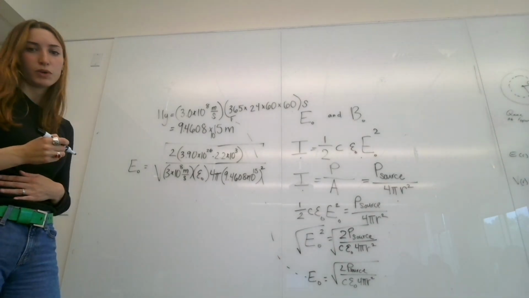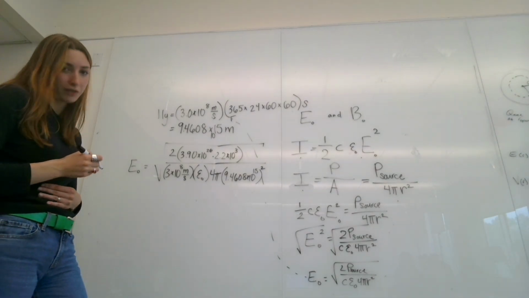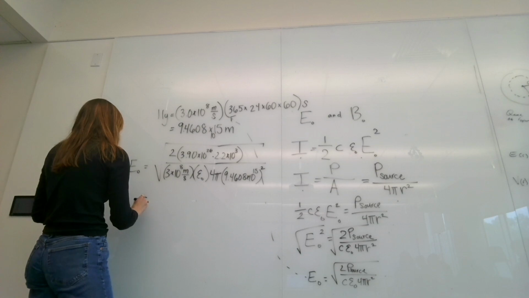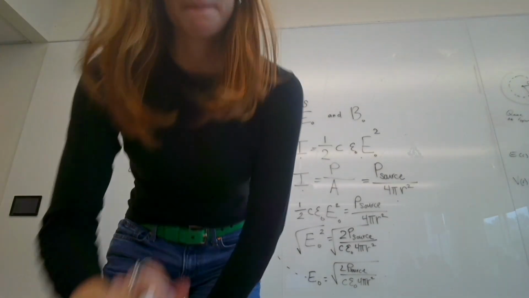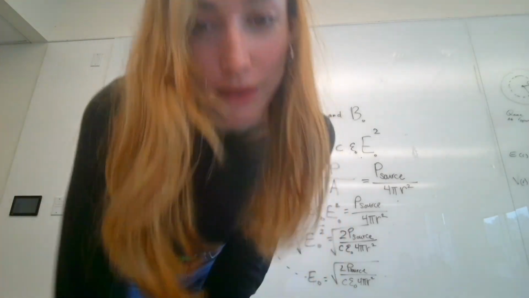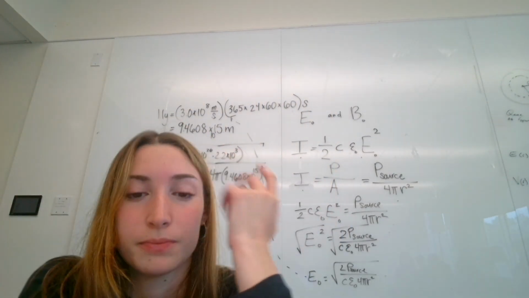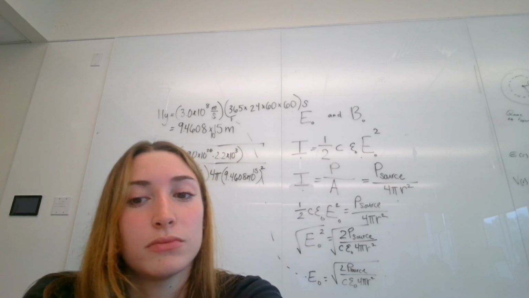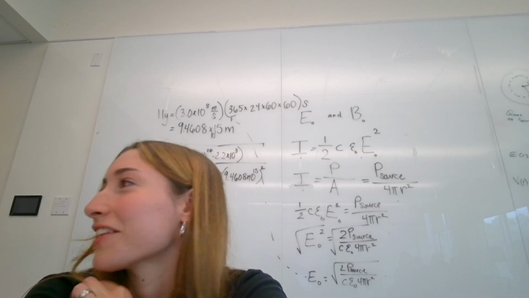Okay. When you do that, what do you get? Did anyone do that out? You should get 7.75 times 10 to the negative 3rd.